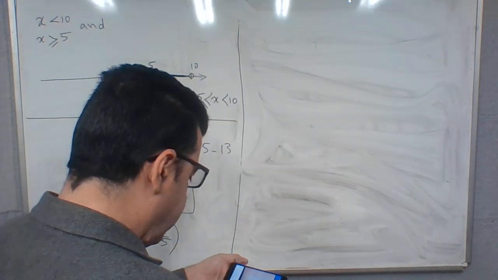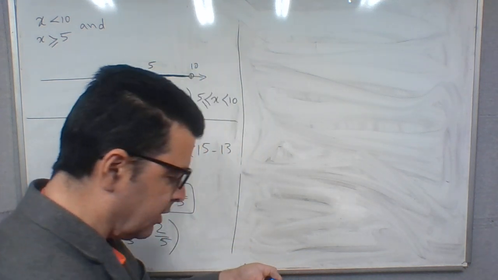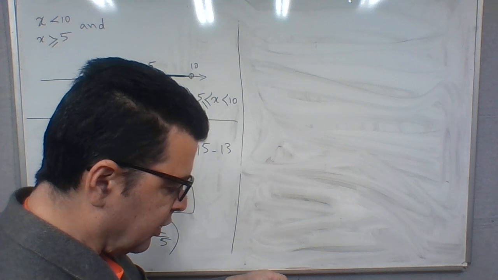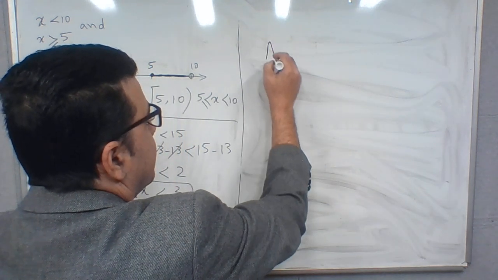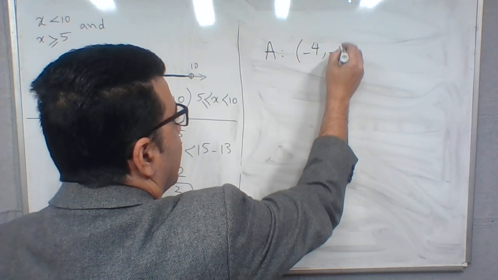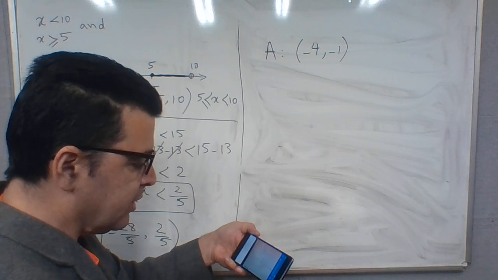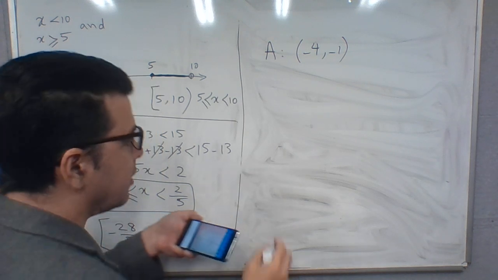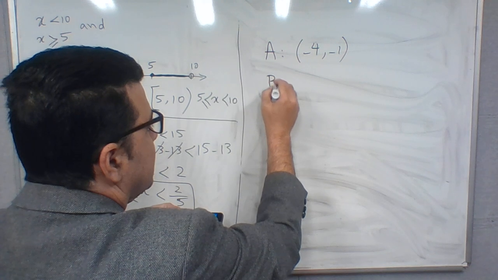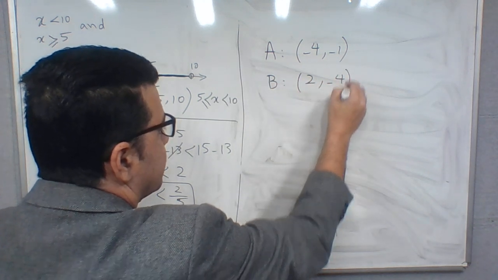Okay, we have point A. Point A is 4 units to the left and 1 unit down. So A is -4 and -1. B is 2 units to the right and 4 units down.